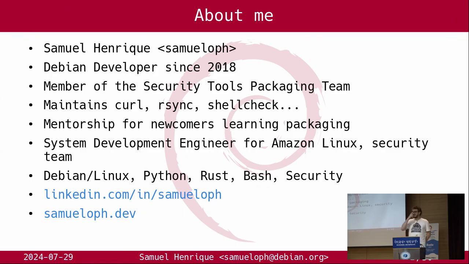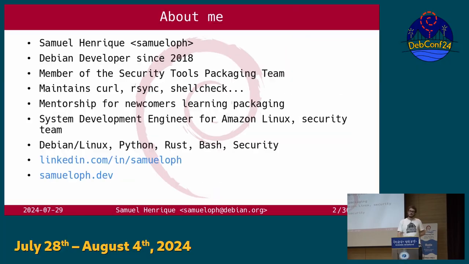That's the Brazilian pronunciation of my name because I'm Brazilian. I have been a Debian developer since 2018. I am not a member of the Debian security team, but anybody can contribute to that. Although I am a member of the security tools packaging team, which is the team that takes care of security-related tools in Debian. You can think aircrack or nmap.